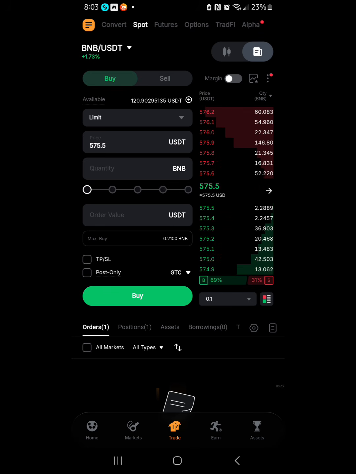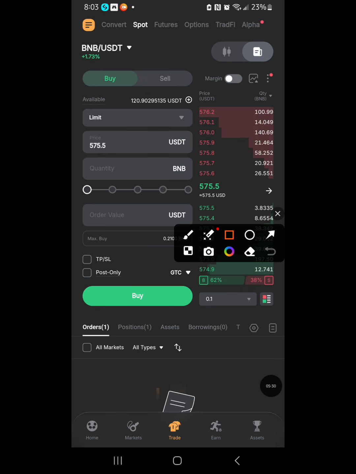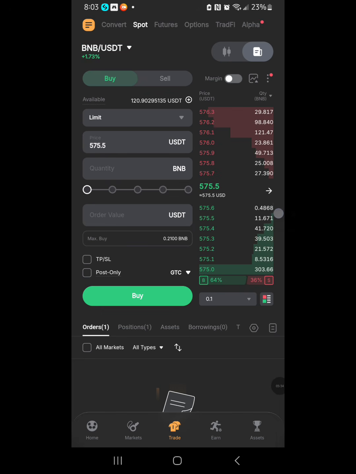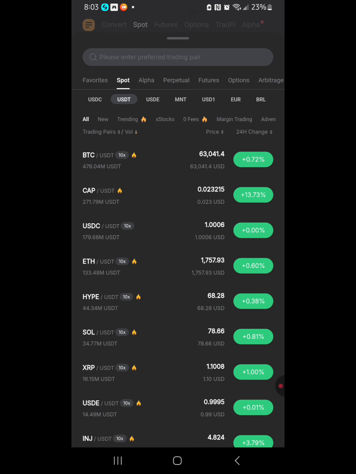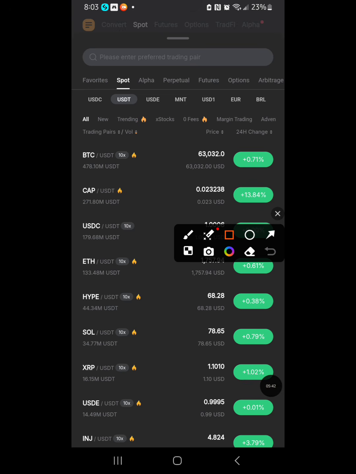So how this will work is very straightforward. All we're going to be doing is to first of all click on this very section called BNB USDT. Any cryptocurrency might be on there. In my case, BNB USDT. So click on there and make sure that you are on spot, precisely under USDT.